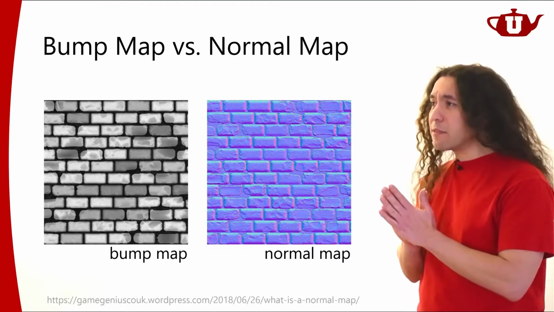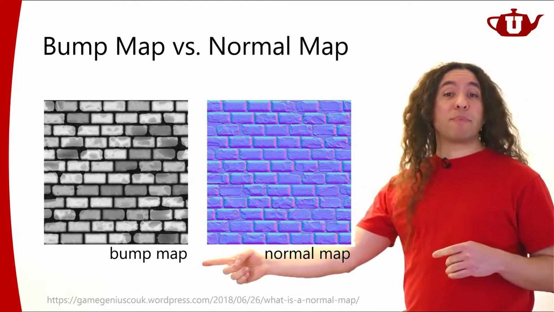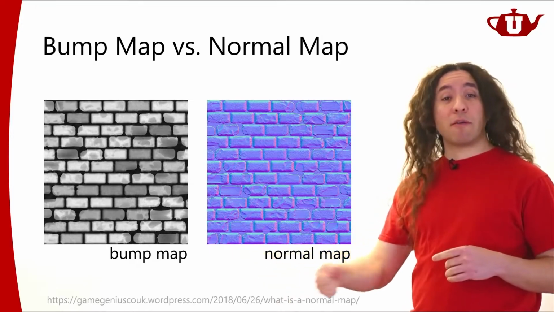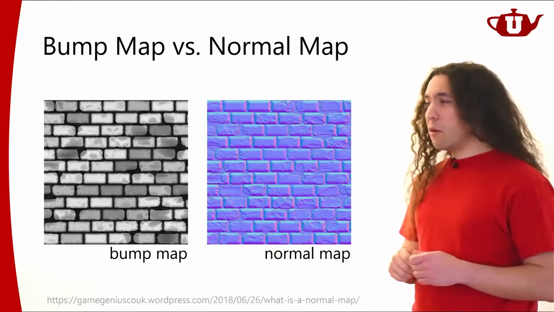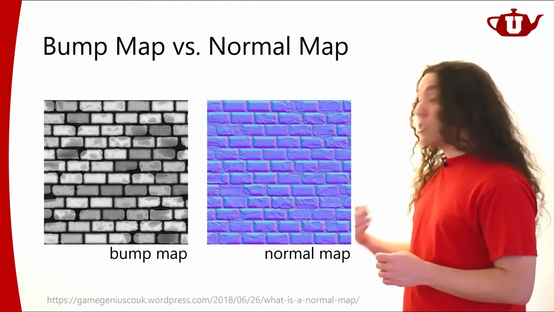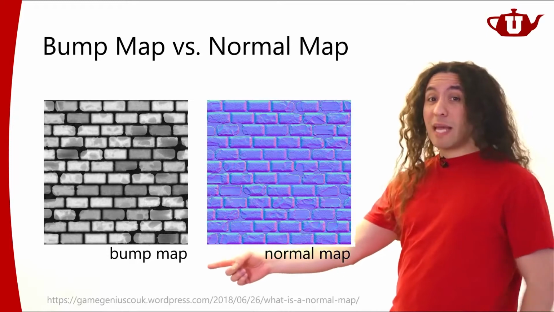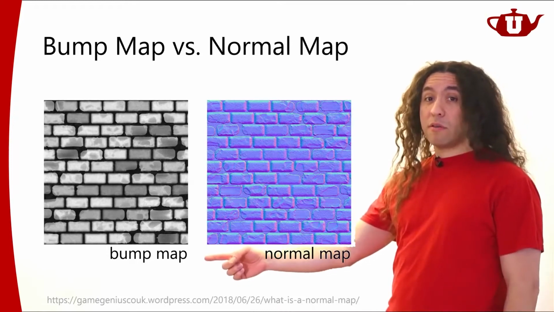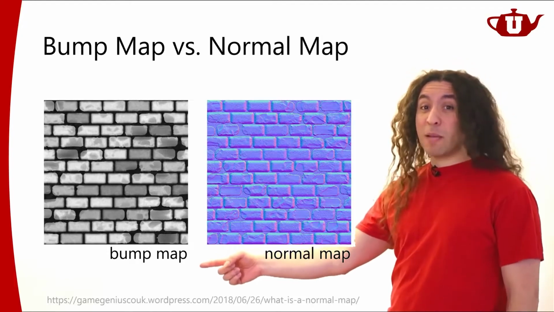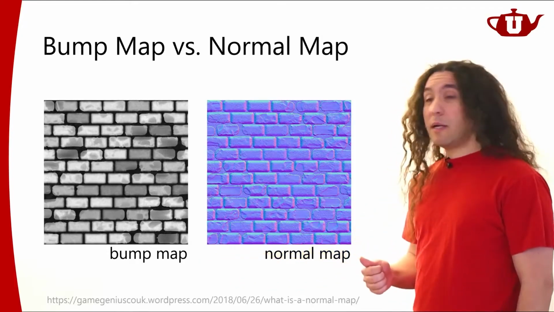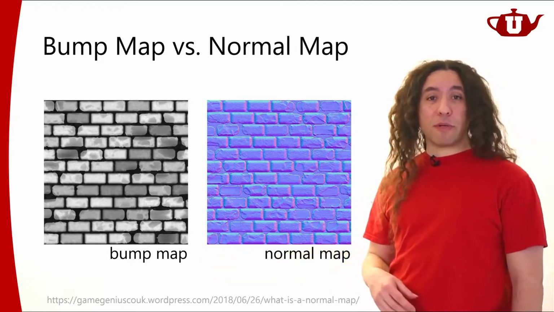And the reason for that is more related to how bump maps are used at runtime for computing the perturbation of normals. In theory, if you start with a bump map that defines a height map and use the same procedure that you would use for rendering the bump maps for generating a normal map, you won't be able to tell the difference between a normal map and a bump map when you're rendering.